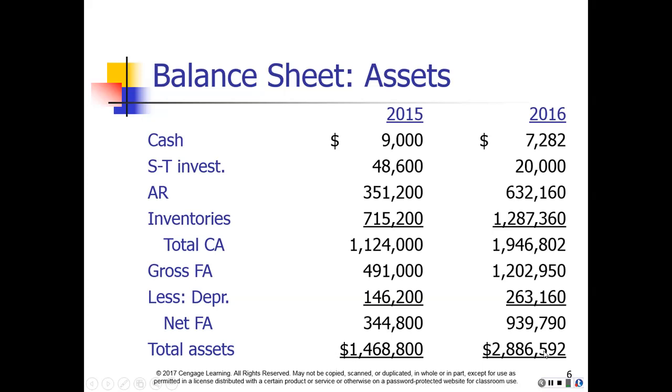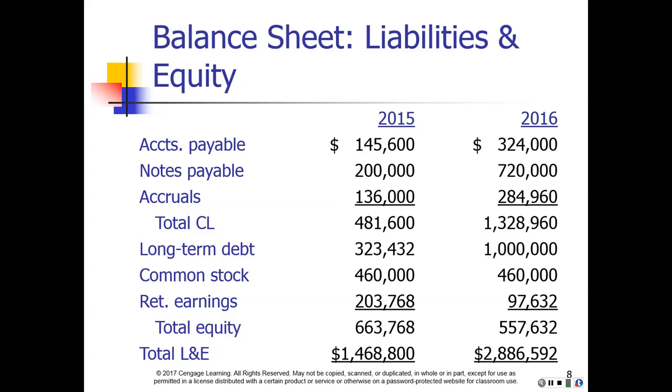How did it acquire these total assets of that much? Well, it used either borrowed funds or equity from owners or shareholders if it's a corporation, right? So we look at the other side, which is liabilities and equities, and they should total up to the same amount as total assets.